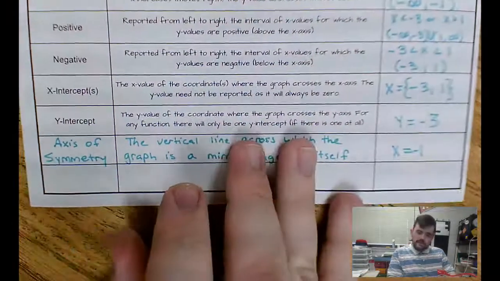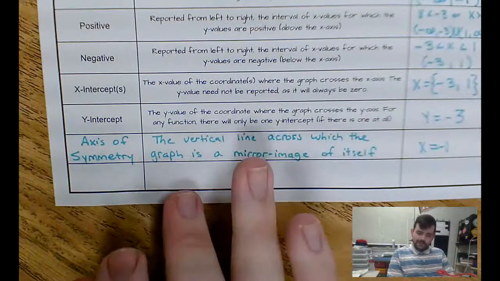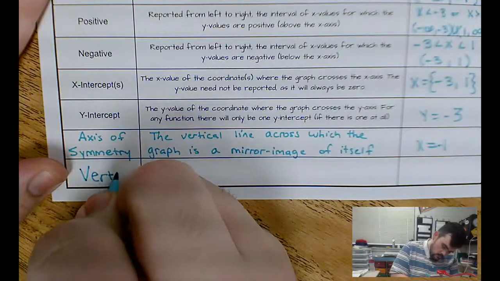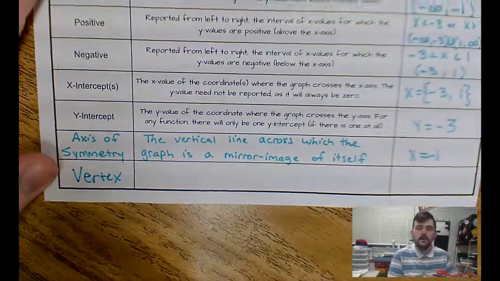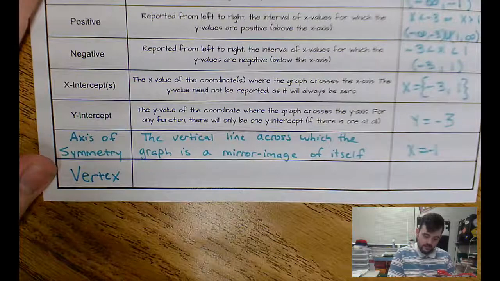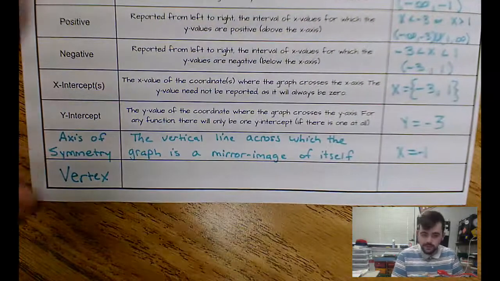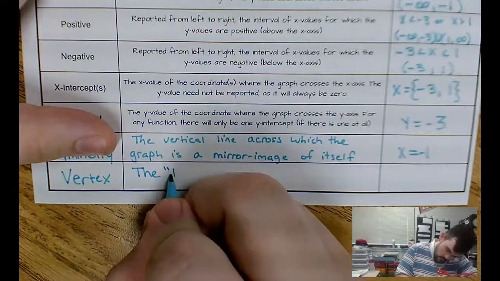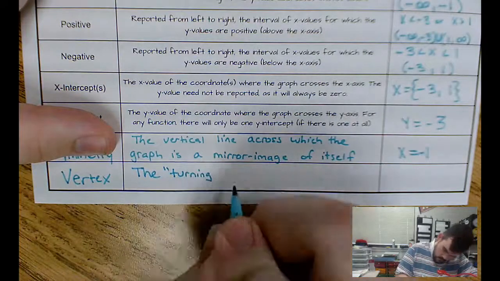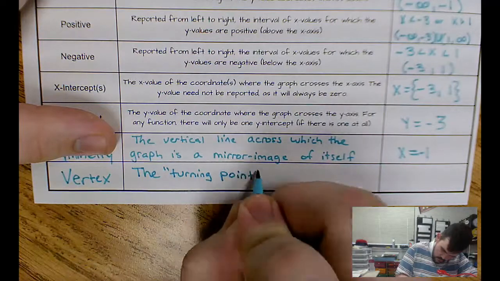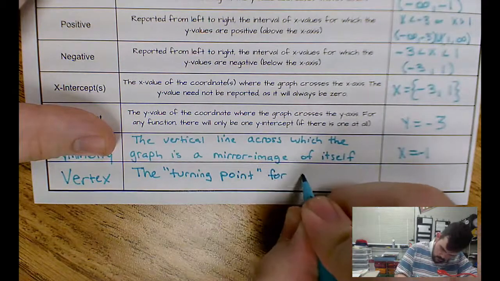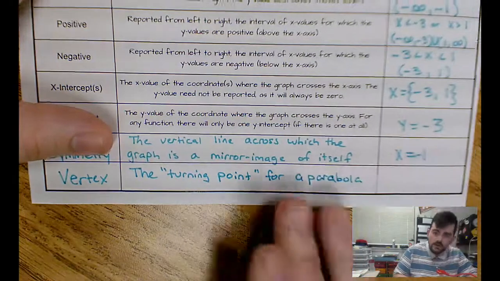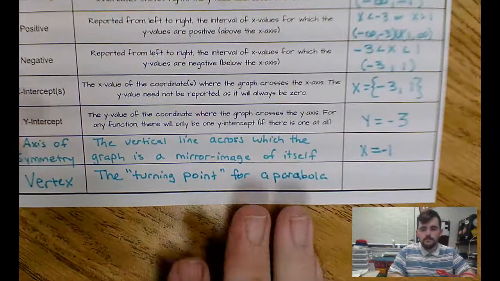The other key feature for quadratics is called a vertex. All right? A vertex is just the turning point for a parabola.